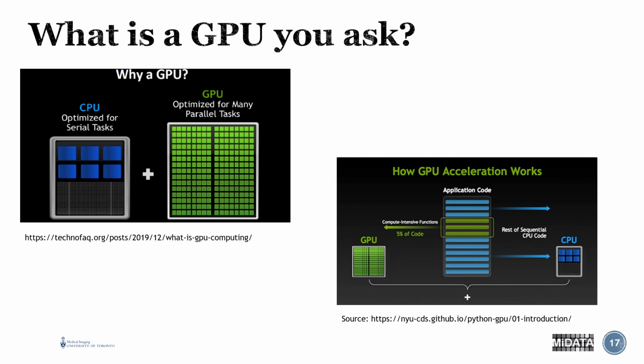As you can see here on the right, how the acceleration is obtained is you have your application code, where throughout your code, it's your CPU that runs the code serially. However, a portion of your code, which requires very computer intensive math functions, is sent to the GPU for processing, and then sent back to your application, which is driven by your CPU.